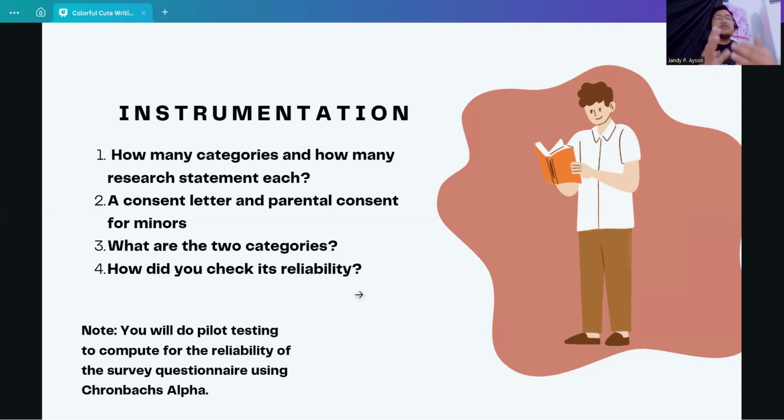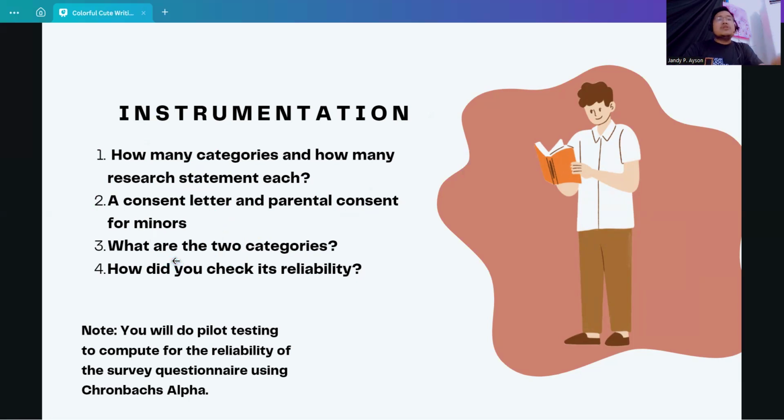Sasabihin lang natin dun sa discussion na a consent letter and a parental consent for minors will be attached in the survey questionnaire before conducting the survey. So again, kung ang magiging respondents ninyo ay sure kayo na may minors, isasama niyo parehas, consent letter and parental consent. If alam niyo naman na mga employees yan, mga 18 and above na, hindi na minors, then a consent letter lang yung ilalagay ninyo.